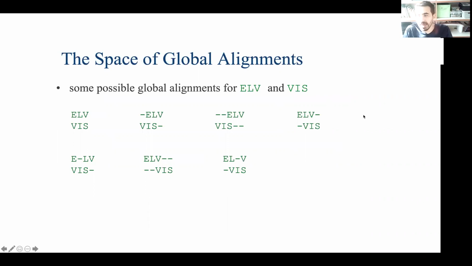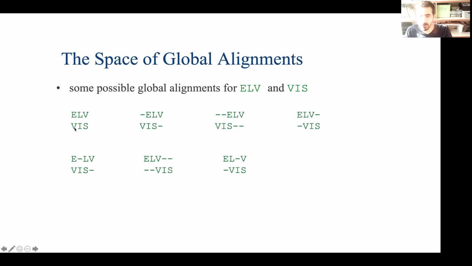So here is an example of two very, very short sequences and the various pairwise sequence comparisons that you can make, right? So let's say that we have two words, E, L, V and V, I, S, okay? We would like to align them first. So how many possible alignments can we have? Here are the examples. We can have no gap.